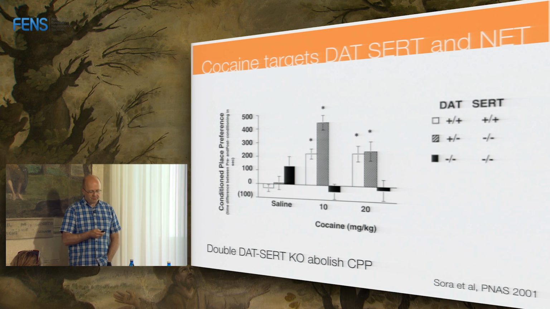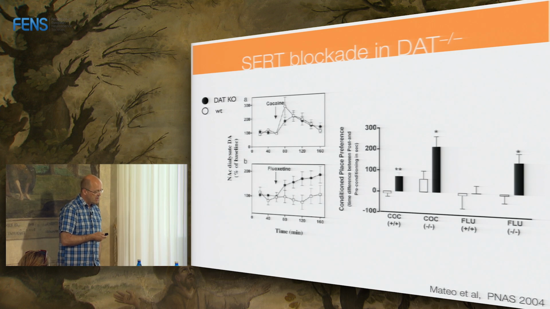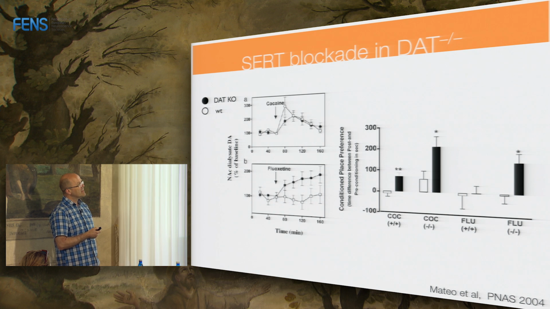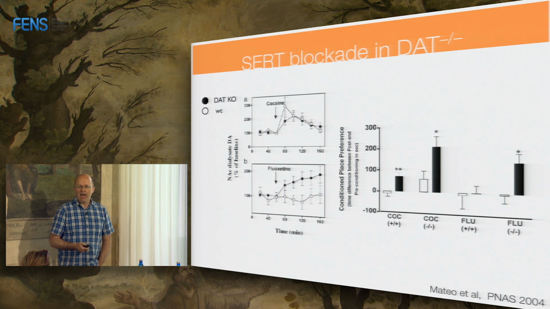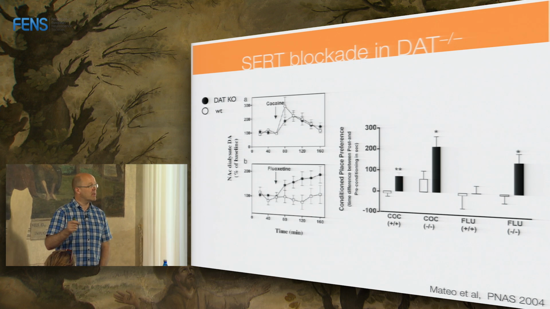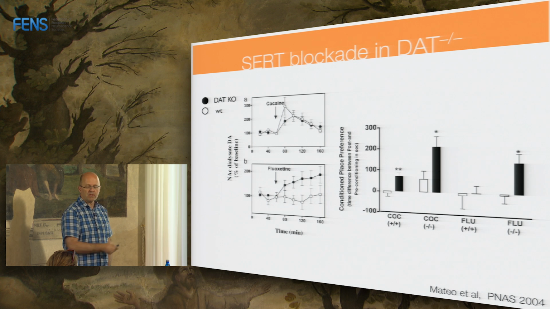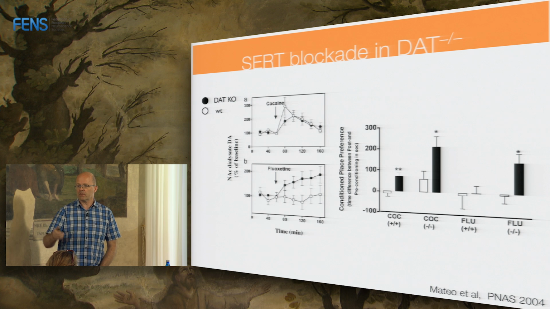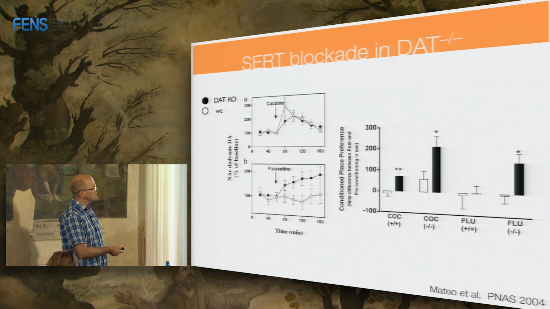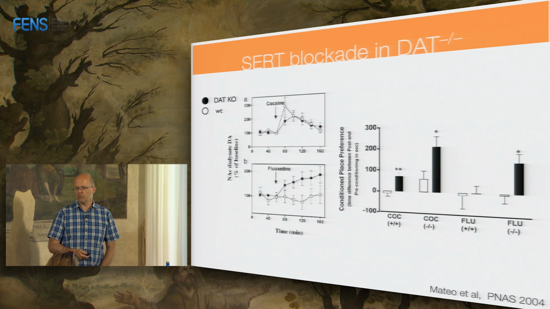And actually, the interesting thing was also this observation, reported in 2004, looking again in the dopamine transporter mouse, and this time looking at serotonin uptake inhibitors. These serotonin uptake inhibitors, which normally do not increase dopamine, obviously, because they're selective for the serotonin transporter, in these knockouts actually had an effect on dopamine.